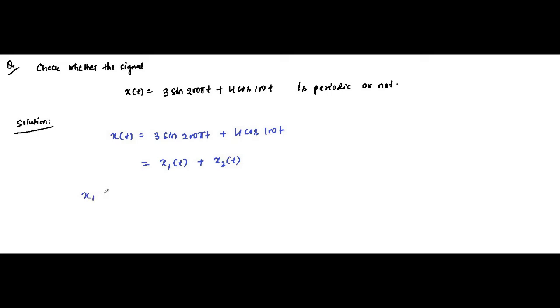So here x1(t) is equal to 3 sin 200 pi t.